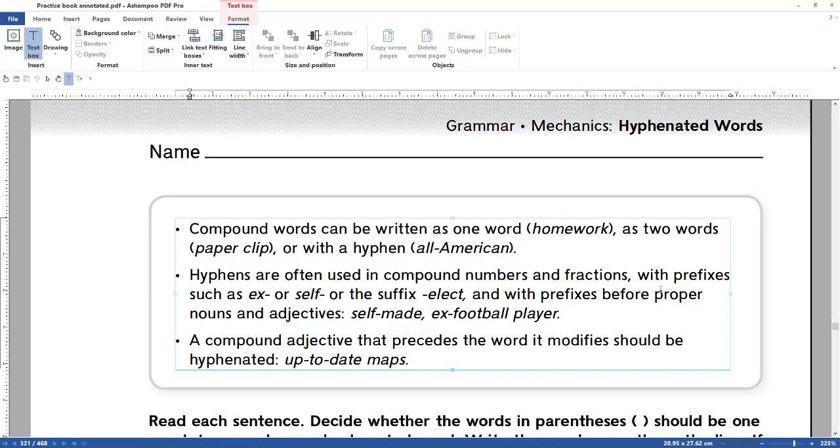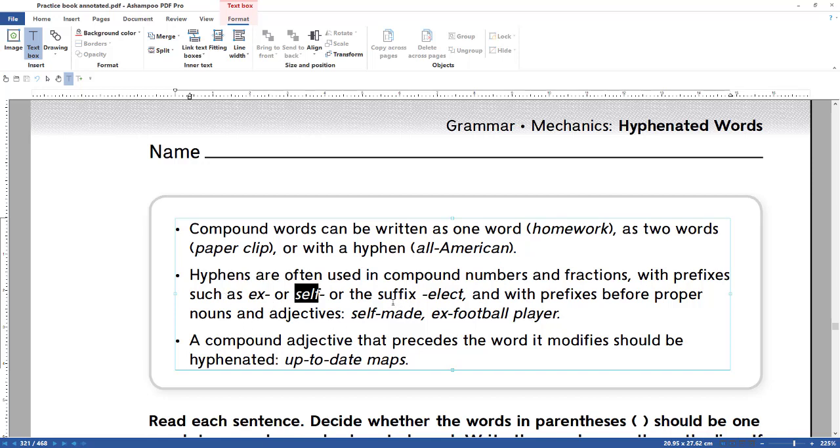Also it can be used with the prefixes, which means the part of the word or group of letters that should come at the beginning of the main word, or before the main word. Like for example, ex, okay, or for example the word self. Okay, these are the most common prefixes in English.